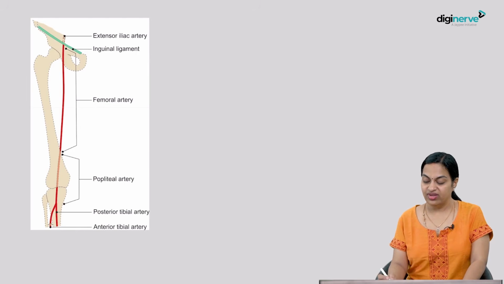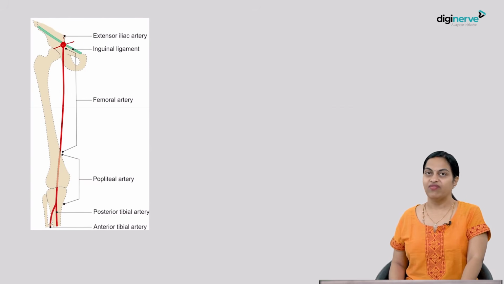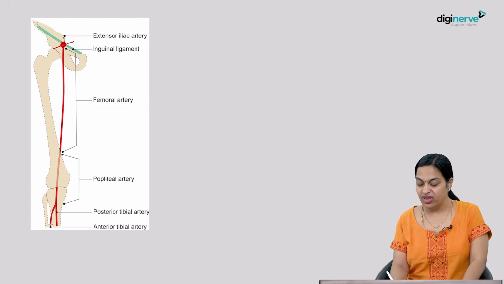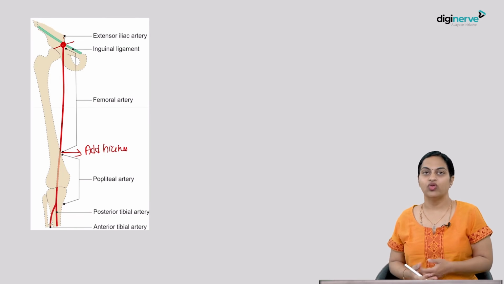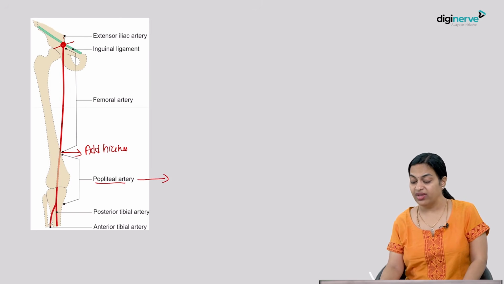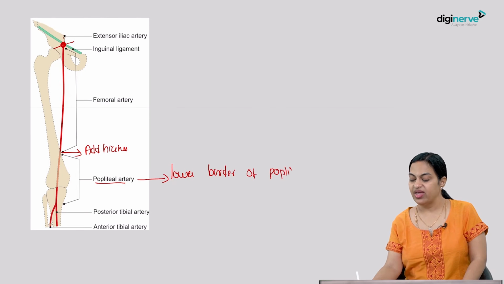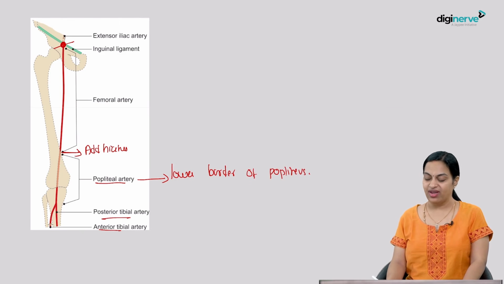So here, yes, you can see the external iliac artery continuing as the femoral artery at the mid-inguinal point. This here corresponds to the adductor hiatus. And then you can see the femoral artery going behind, related to the popliteal fossa, where we call it the popliteal artery. This popliteal artery, at the lower border of the popliteus muscle, terminates into the anterior tibial artery and posterior tibial artery.